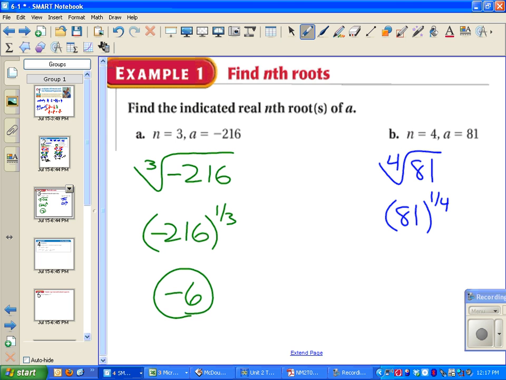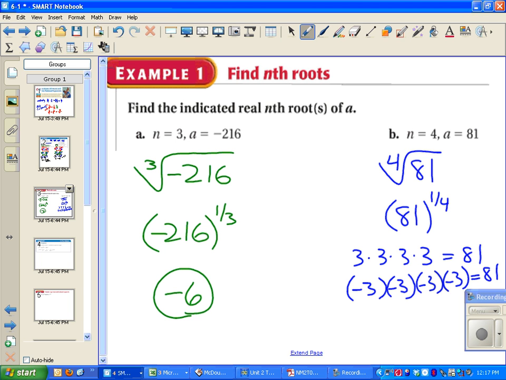So that would be 3 times 3 times 3 times 3 equals 81. We could also do -3 times -3 4 times, and that also equals 81. So this is even, and this is positive, so we know it's 2 real roots, and we found them. It's plus or minus 3.